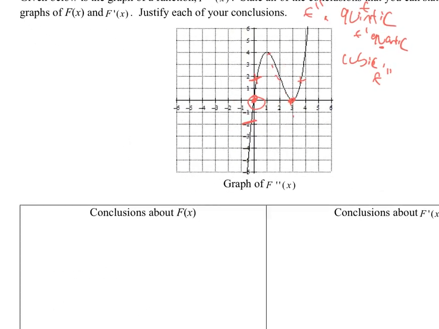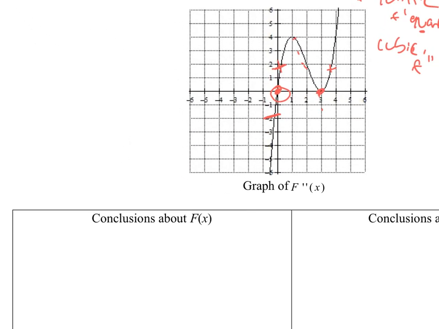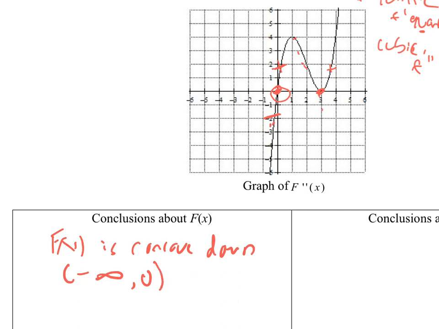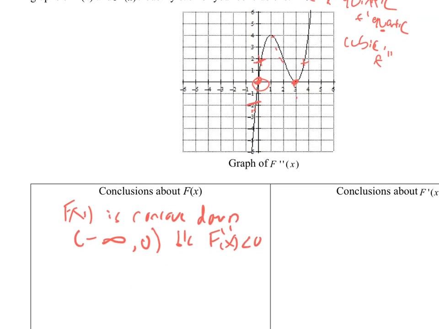Let me address what I just said about f. So that's negative. I can say f of x is concave down from negative infinity all the way to x equals 0 because f double prime of x is less than 0.